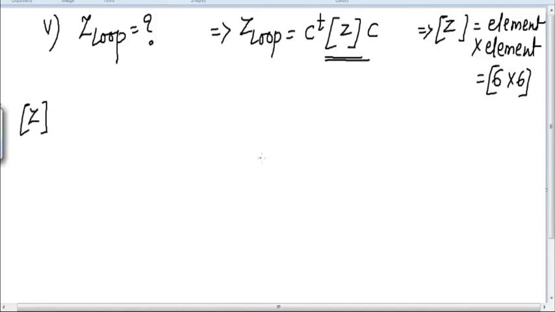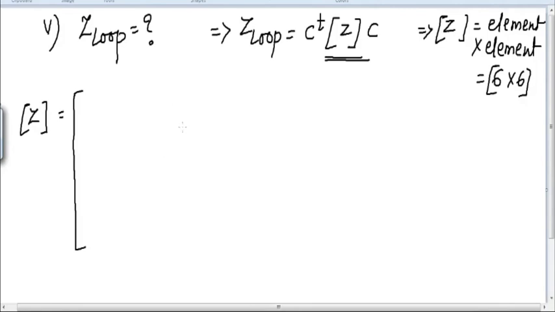Let us see how this Z matrix is written. So for this, what we have to do is write all the diagonal values with the element values, and rest all the values we have to put 0. Why?